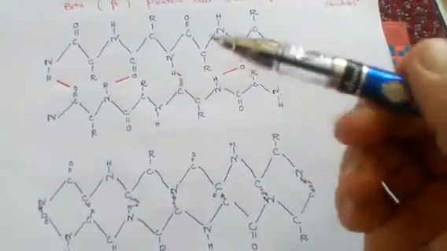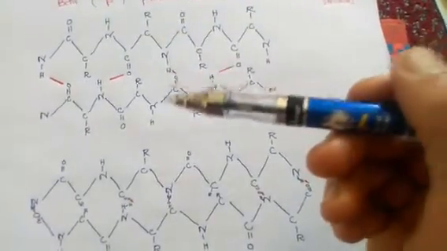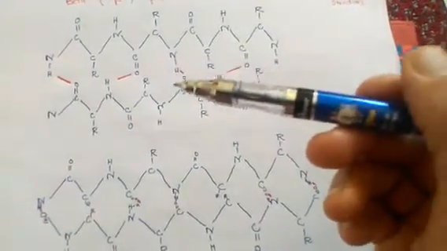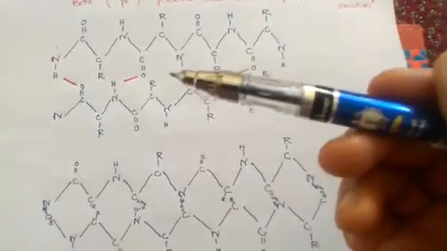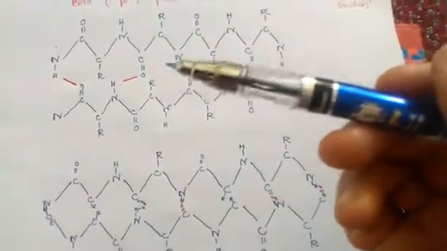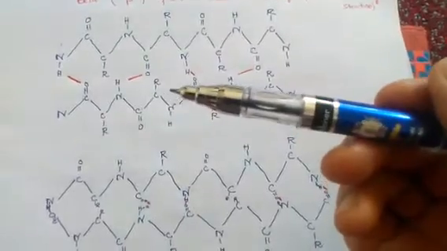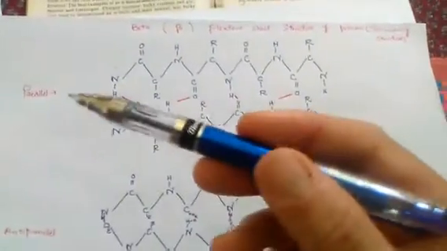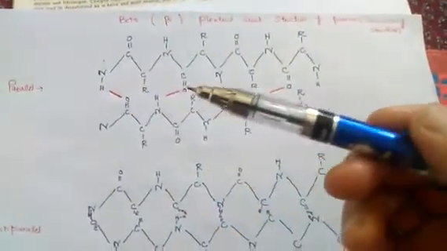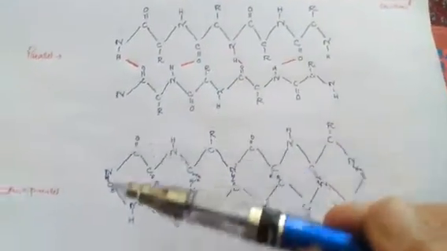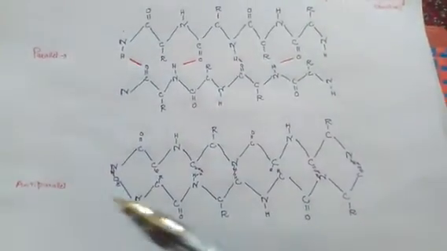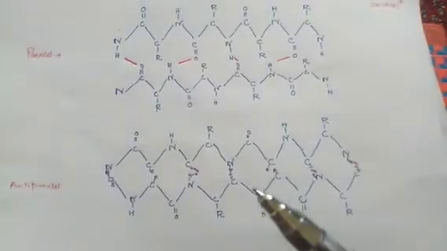Parallel and anti-parallel arrangement is the direct consequence of directionality of the polypeptide chains. So on that basis, two types of beta pleated sheets are possible: one is parallel beta pleated sheet structure, and another is anti-parallel beta pleated sheet structure.